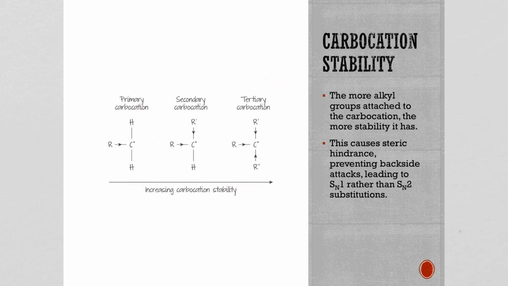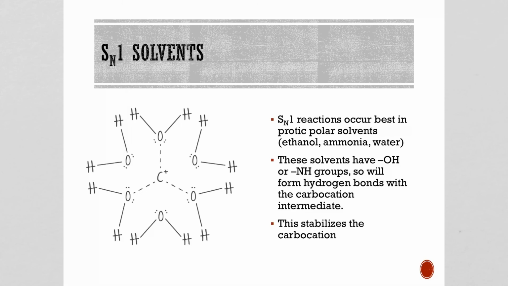So the tertiary ones have only SN1 reactions because the structure doesn't allow for a backside attack, whereas a primary carbocation does.